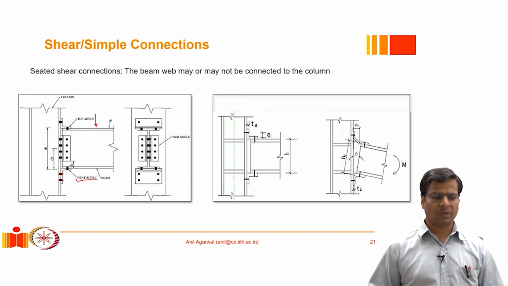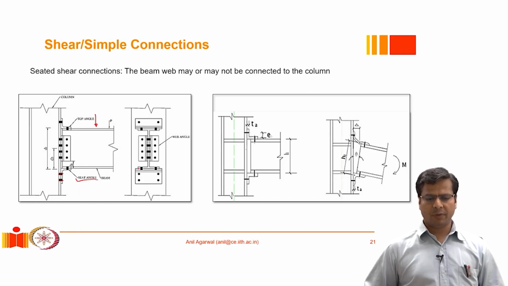So once we want to lower the beam in place, we don't want this angle to be there to prevent its movement. Another variation of this connection would be where we don't provide any web angle, and again that also works equally well.